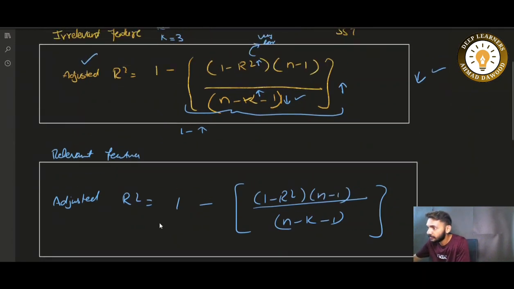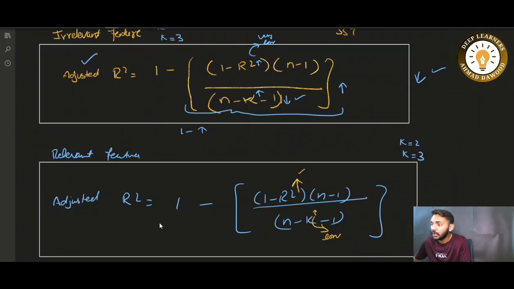Let's say before you had k equal to 2, and now you have k equal to 3. If the added feature is relevant, of course it will increase your R square a lot, but the k term increases by just 1. This increase in k is low compared to the increase in R square.